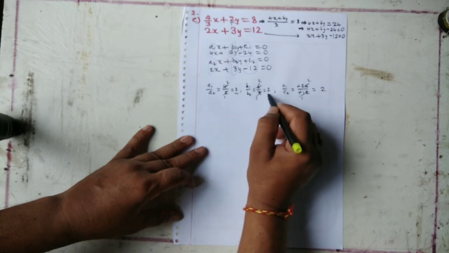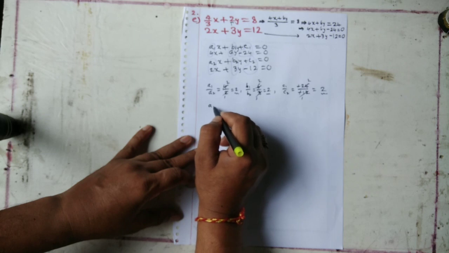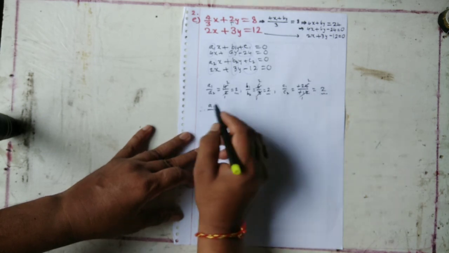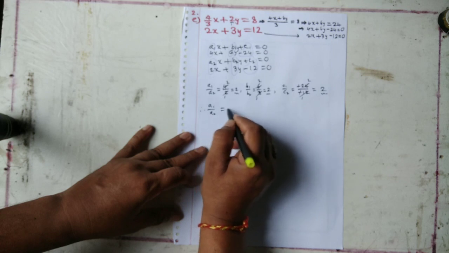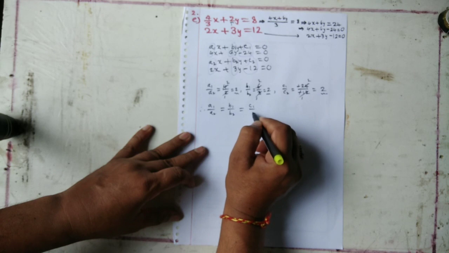By observing these values, a1 by a2 is equal to b1 by b2 is equal to c1 by c2.